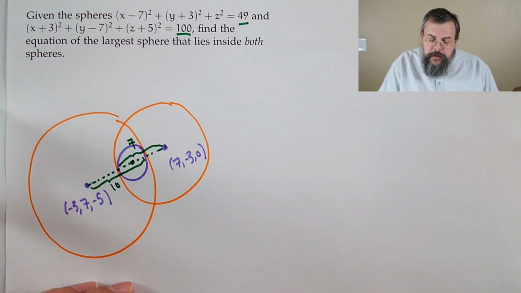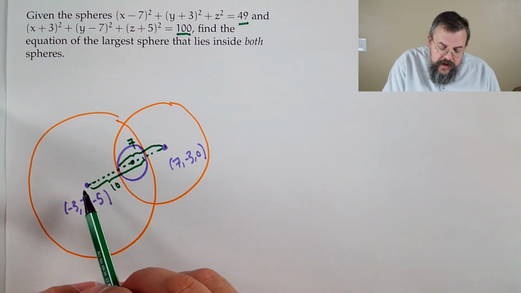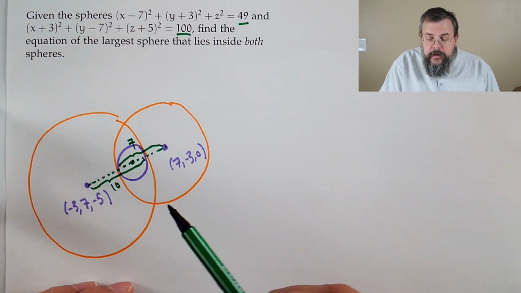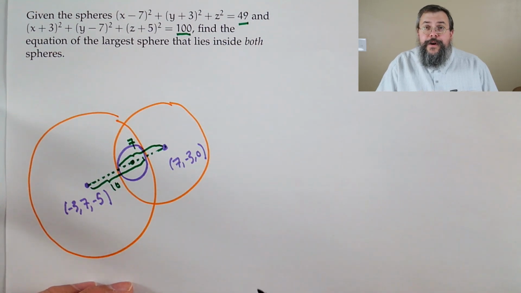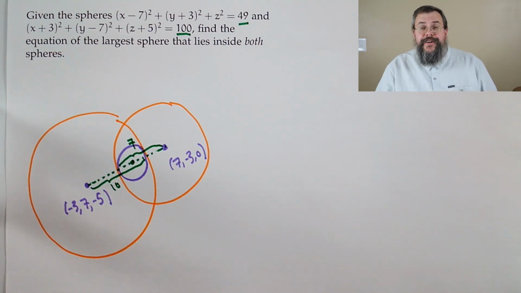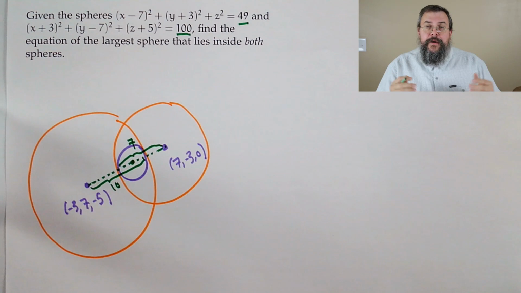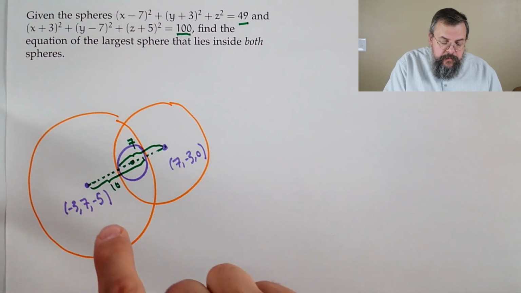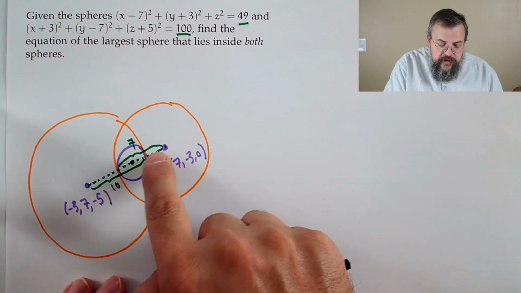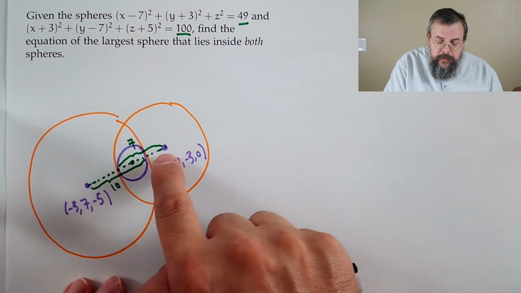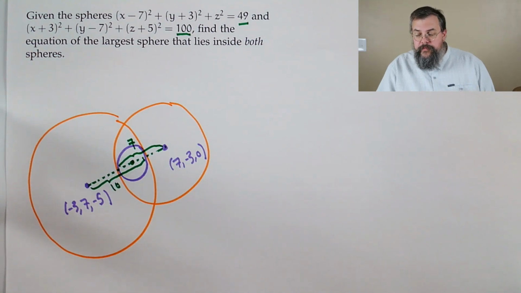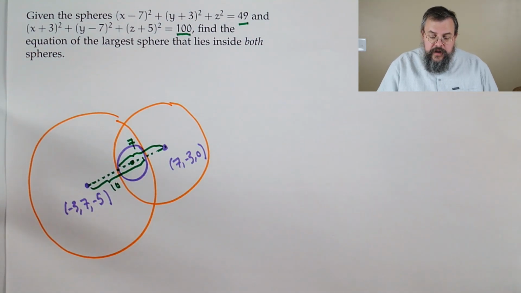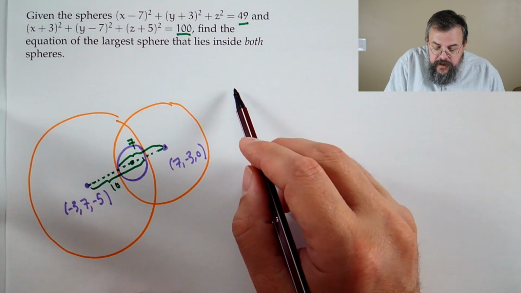Well, and now we start thinking, okay, if that's 10 and that's 7, how do we use that information? Well, what's something else we can find? Let's think about things we could find that might be interesting. And one thing that I think would be interesting is let's talk about this distance between the two centers. All right, so distance between centers.